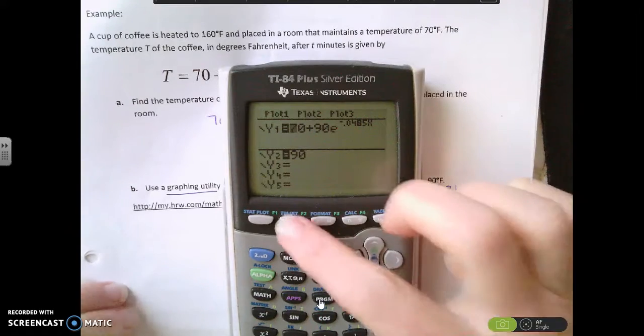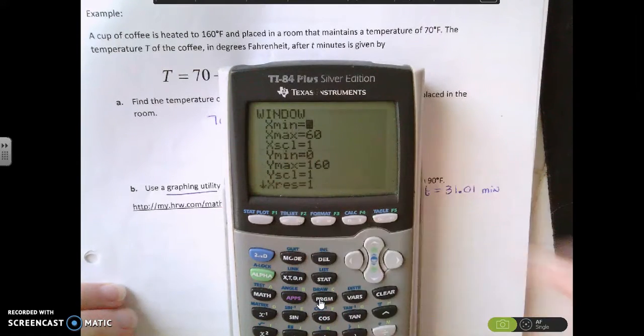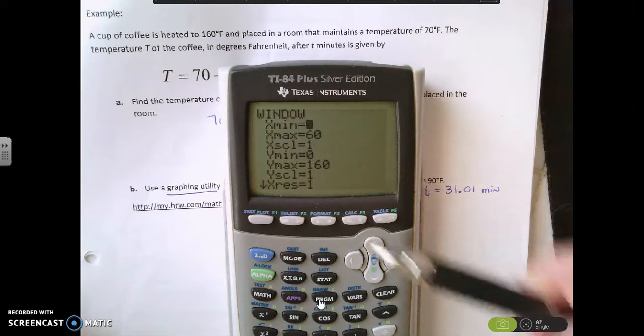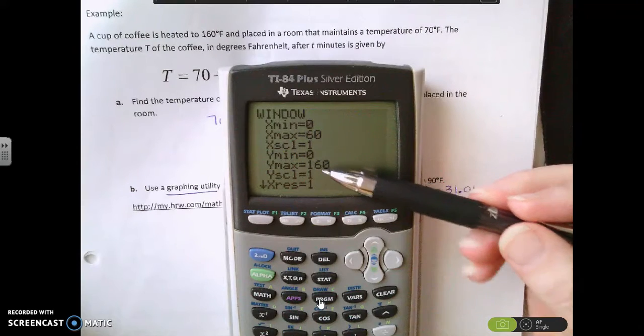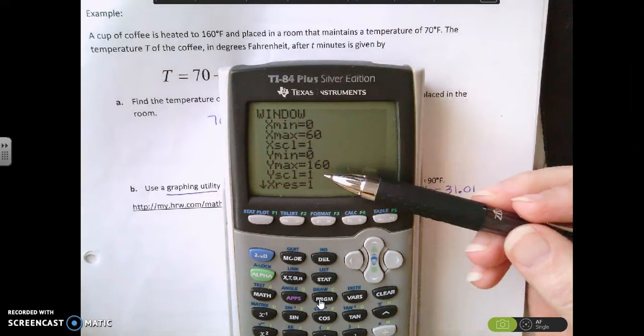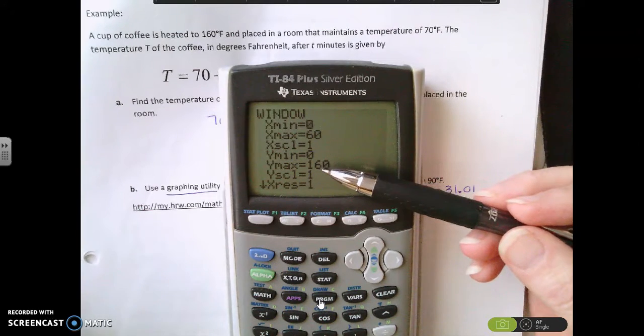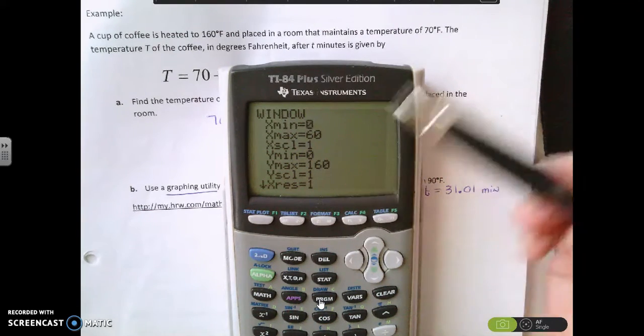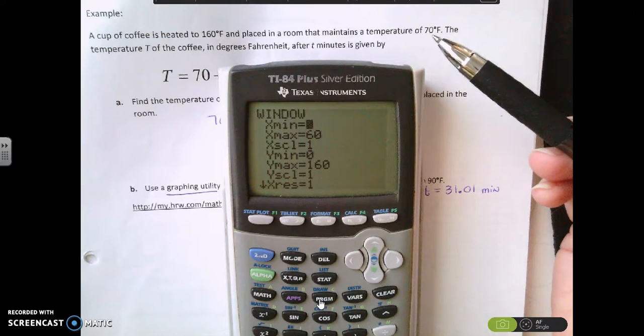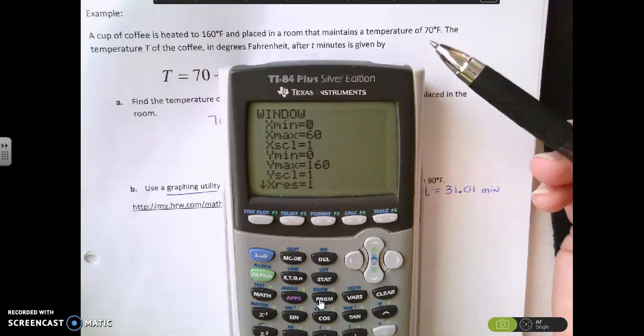Then I have to worry about my window. Remember, in this, y is talking about the temperature of the coffee. So the temperature of the coffee is going to go from 0 to 160. Now in reality, it's actually going to go from 70 to 160. Do you agree that if the room temperature is 70, the coffee probably won't get below 70?